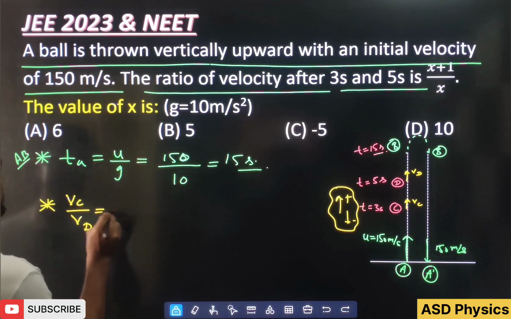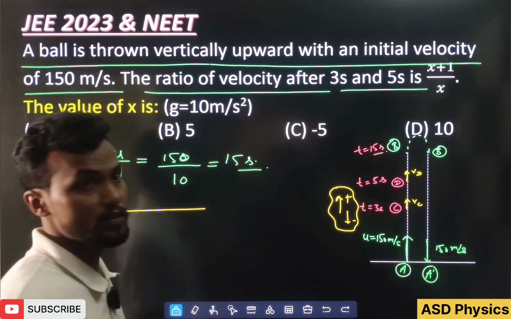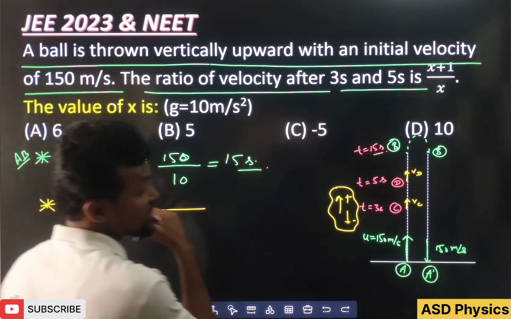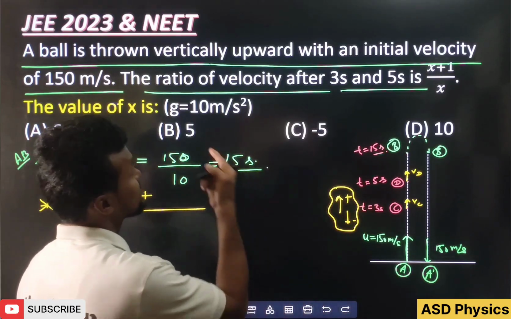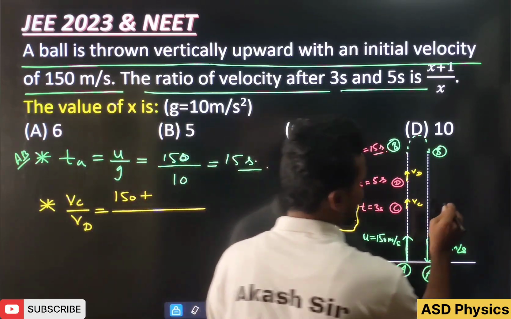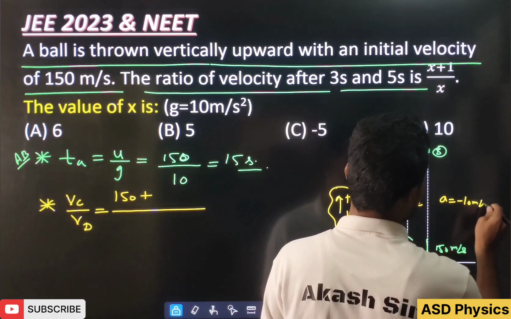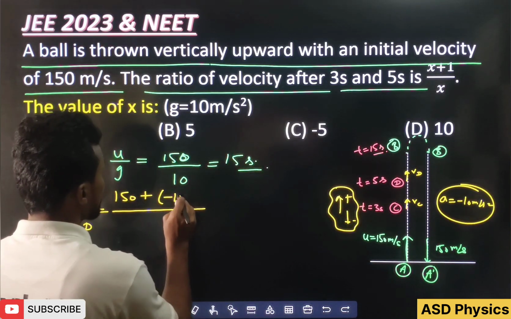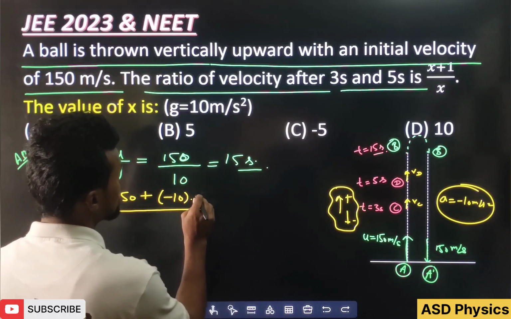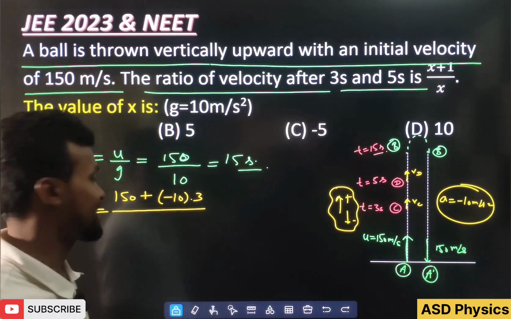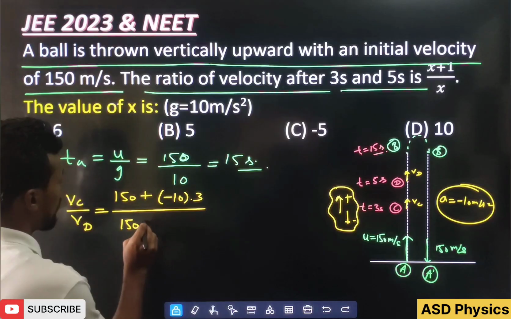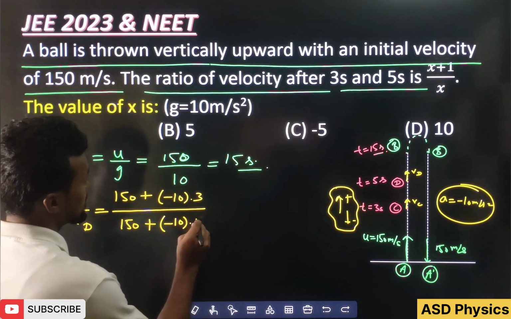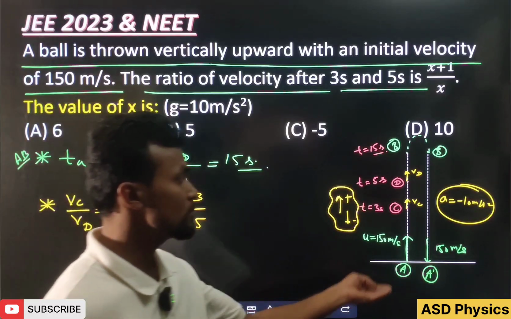So VC by VD: using V equal to U plus at, U is 150 plus the acceleration, downward so minus 10 meter per second squared, into 3 seconds. Similarly, 150 plus minus 10 into 5 seconds, because A to D is 5 seconds.